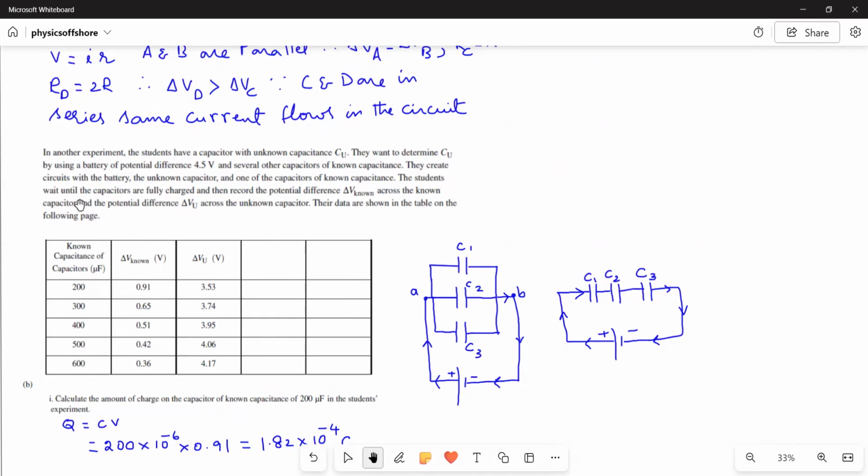The students wait until the capacitors are fully charged and then record the potential difference delta V_known across the known capacitor and the potential difference delta V_u across the unknown capacitor. Their data are shown in the table on the following page. This is the data.